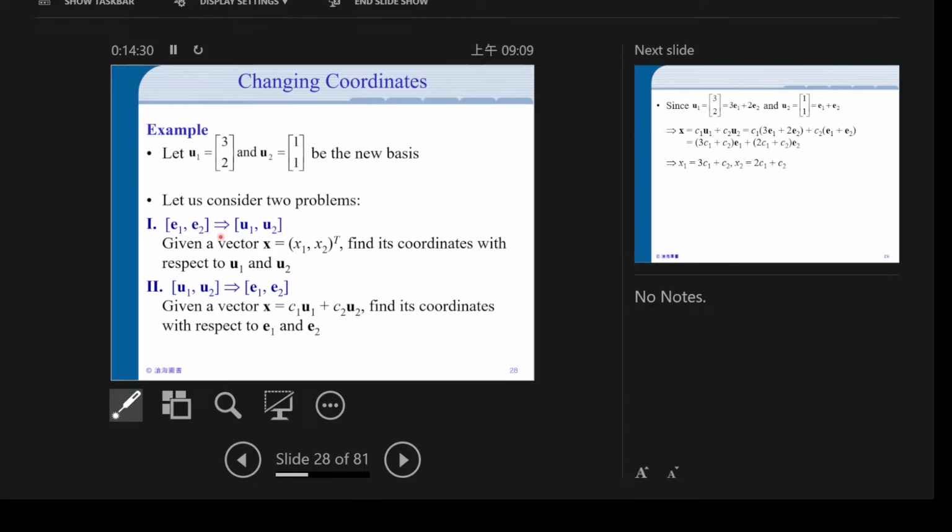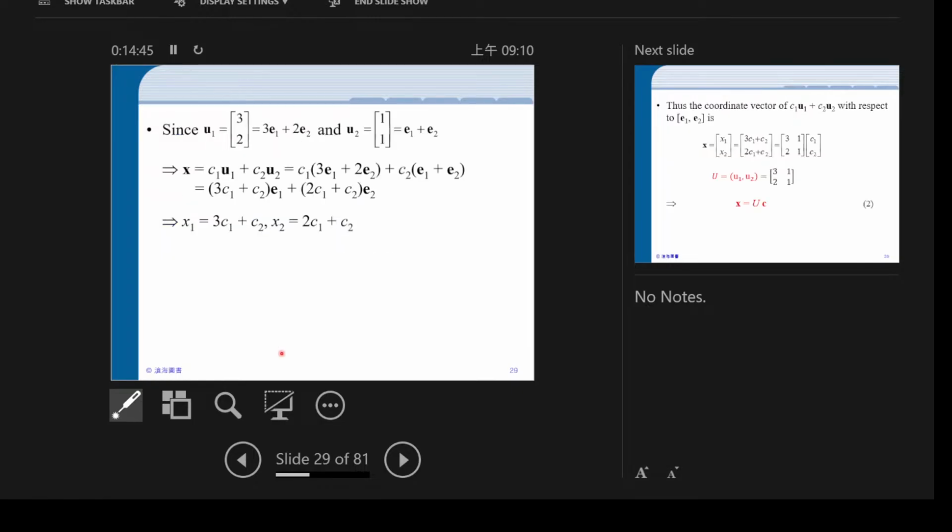Let's do the second one first. We see that u1 is the (3, 2) vector, which equals 3e1 plus 2e2, and u2 is the (1, 1) vector, which equals e1 plus e2.